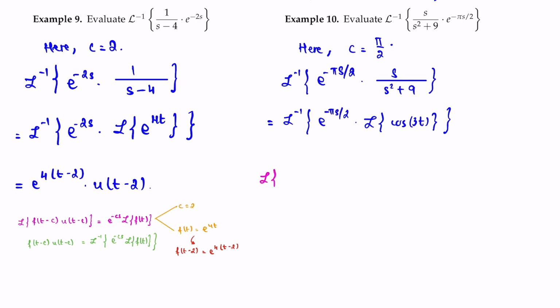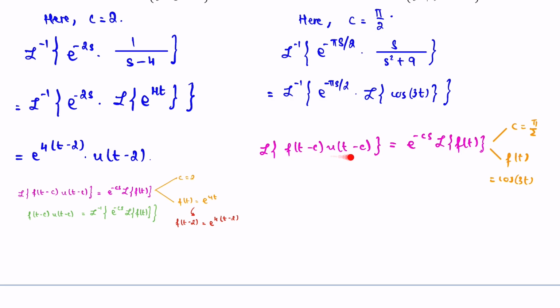So you want to find the Laplace transform of f of t minus c times u of t minus c, equal to e to the negative cs times the Laplace transform of f of t. So here you have c equal to pi over 2, and f of t equal to cosine of 3t.